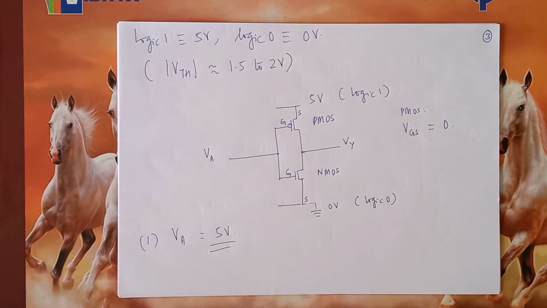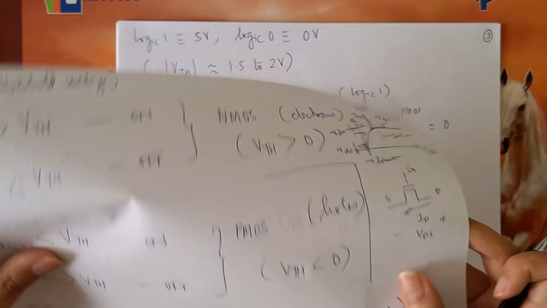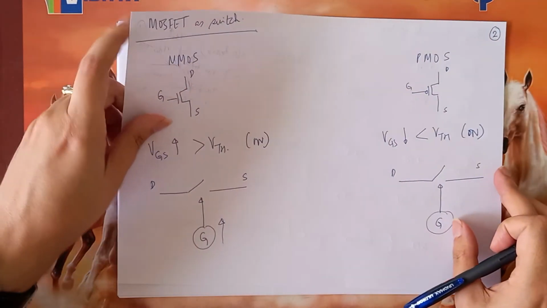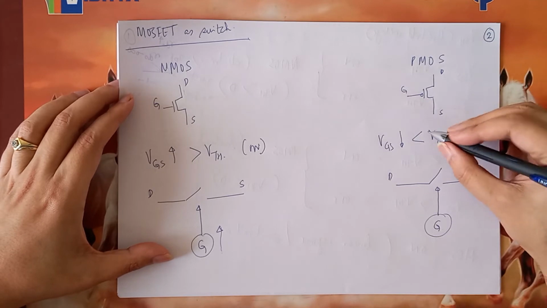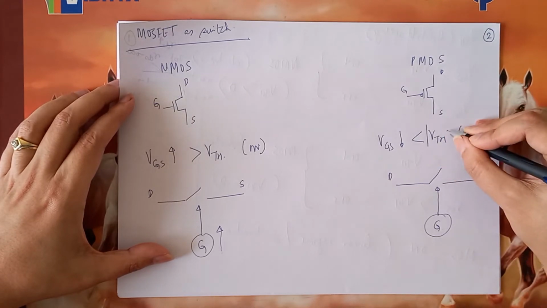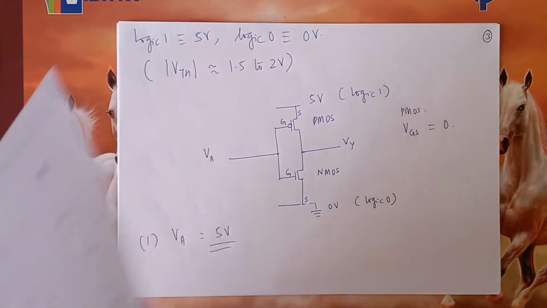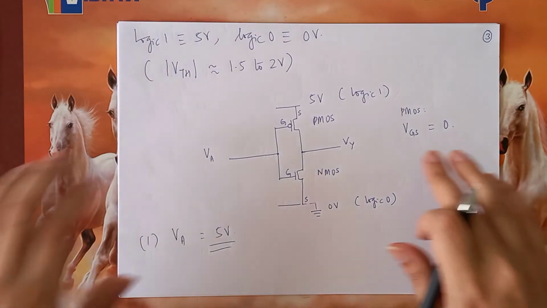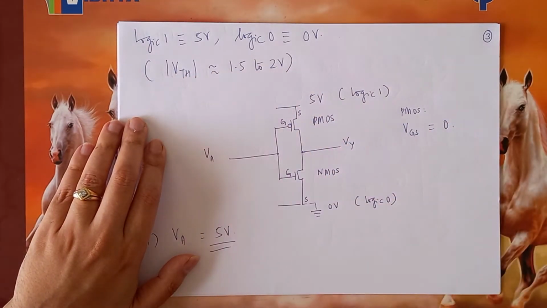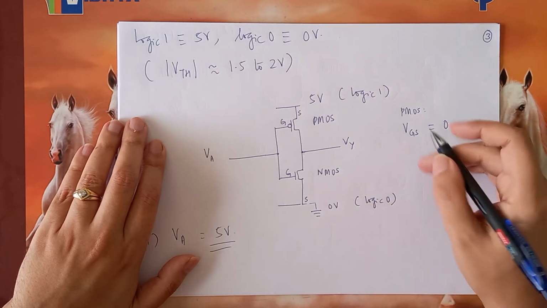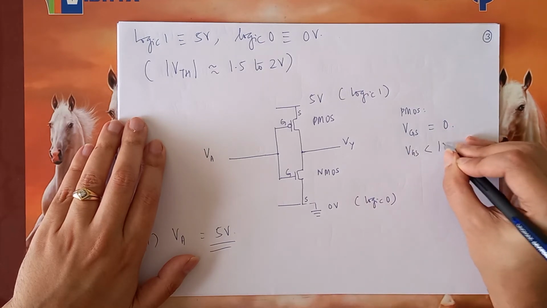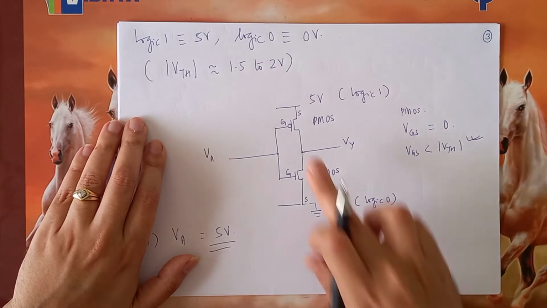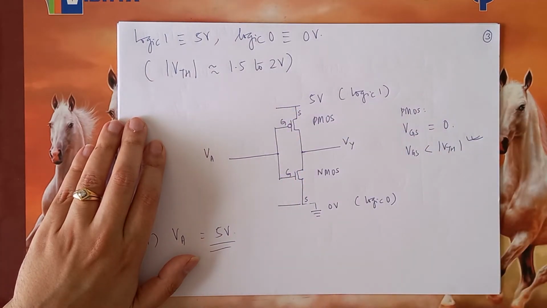I think I made a very small mistake when I was mentioning the switches. The PMOS will be on if VGS is less than mod VTH. Let us say the VTH of the PMOS is minus 1.5 volts. So in this case, indeed the VGS is less than mod VTH. This condition is met, so the PMOS will be on.